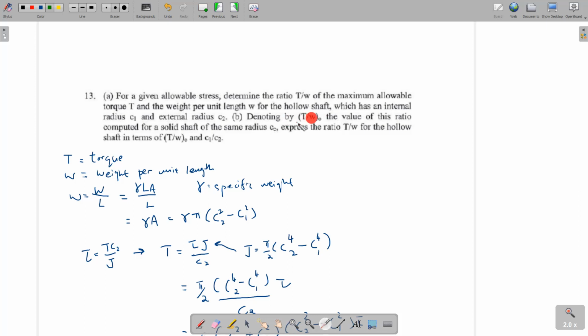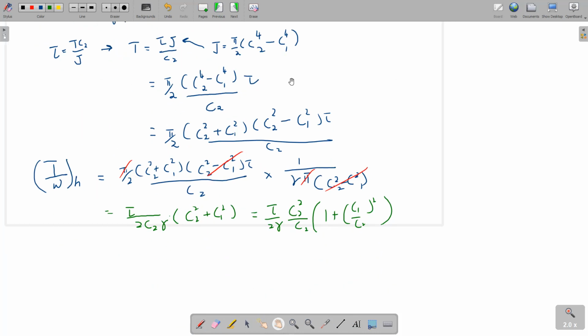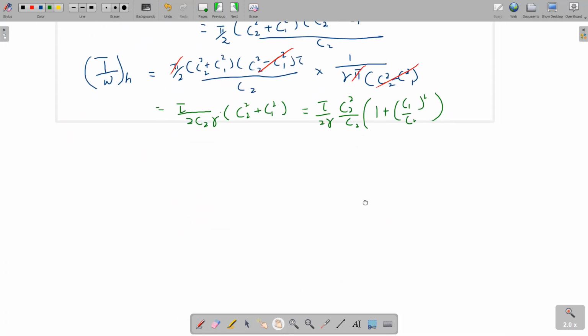And for this solid shaft, you only have one radius because you don't have inner and outer radius. And after that, you need to express it as a ratio of hollow to solid shaft in terms of the ratio of the inner and outer radius of the hollow shaft. It sounds complicated, but let's see how it works.